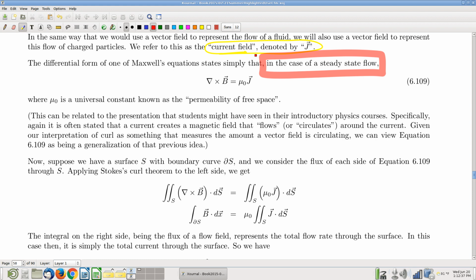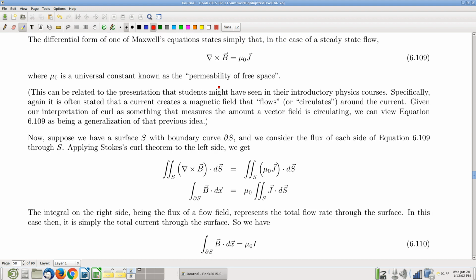So steady state means there's no charge buildup, and furthermore, the flow is fixed, remaining constant. So it's a very particular case. And in that very special case, then you get this. And if you want to know what Maxwell's equations look like in the case of a non-steady state flow, then life gets much more complicated, and we are not about to touch that in Math 212. Okay, so only steady state flows in Math 212.